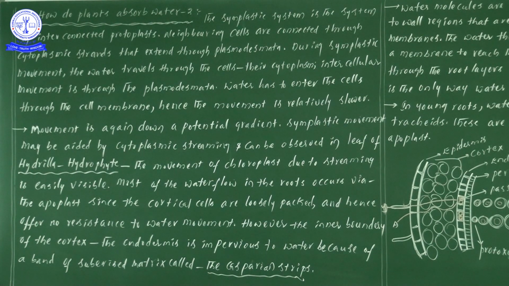When we observe cytoplasmic streaming in that video, we will notice the movement of chloroplasts. In the Hydrilla plant, chloroplasts are definitely there.